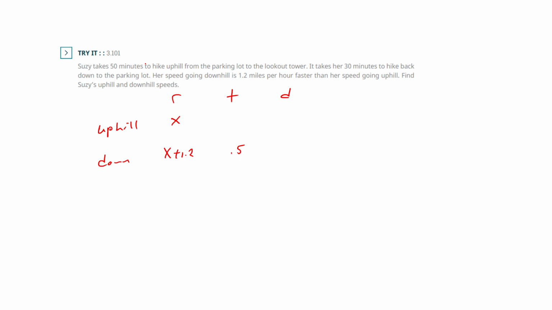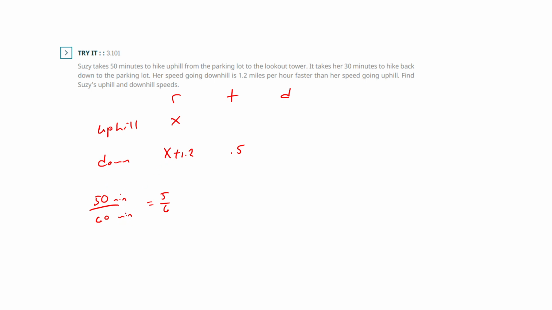It takes her 50 minutes to go up. So I'm going to turn this 50 minutes into hours. There's 60 minutes in an hour, so I'm going to turn this into a decimal and find out what part of an hour it is. It took her 5/6 of an hour, but I'm going to do all of mine as decimals, so I'm going to divide that. Again, it took 50 minutes, but there's 60 minutes in an hour.